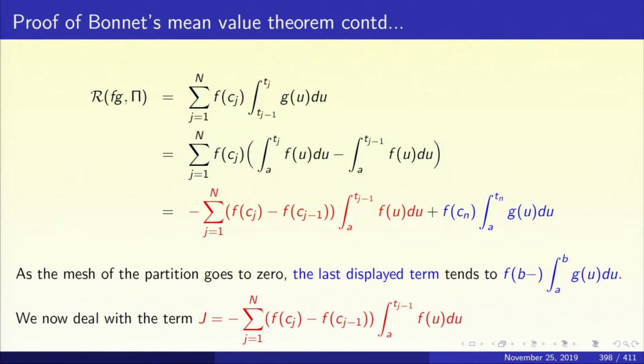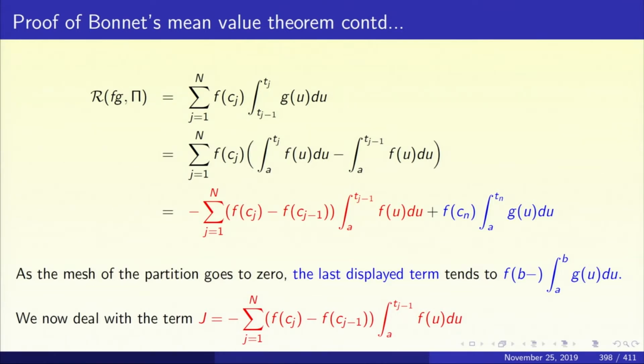So, now we have this summation a_j (b_j minus b_{j-1}), and we are ready to apply the rule for summation by parts. So, it has become minus summation j from 1 to n of f(c_{j-1}) integral from a to t_{j-1} of g(u) du, plus the last term in the summation by parts, the a_n b_n term, f(c_n) integral from a to t_n of g(u) du.